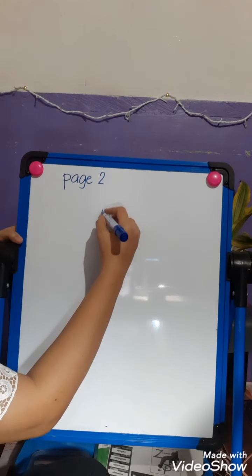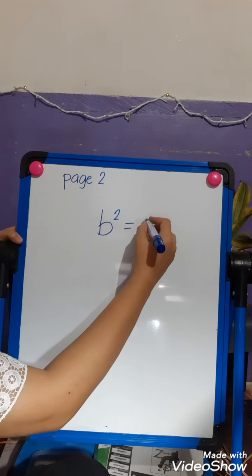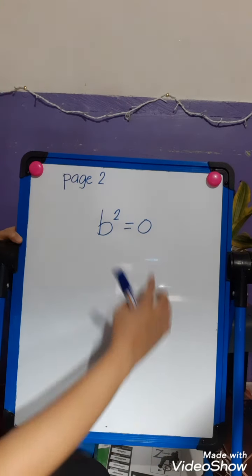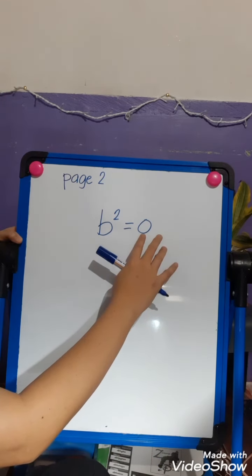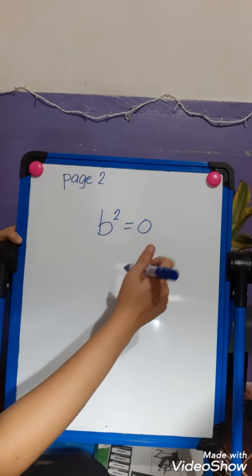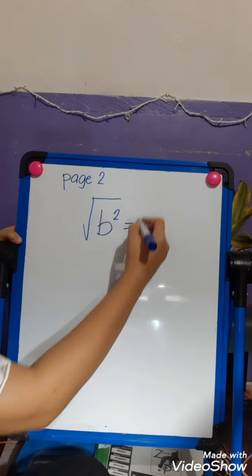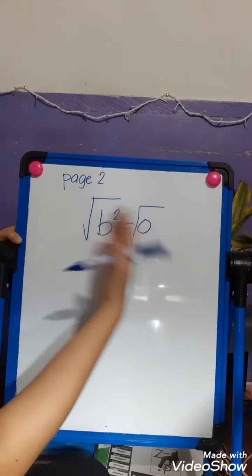Okay, next na ito example for activity 2. We have b squared is equal to 0. So, 0 is a perfect number because 0 times 0 is just 0. So, we can directly extract the square root of both sides.